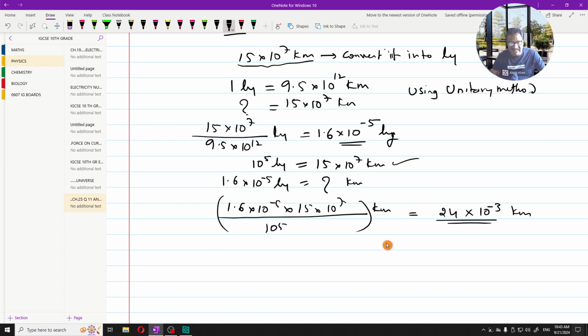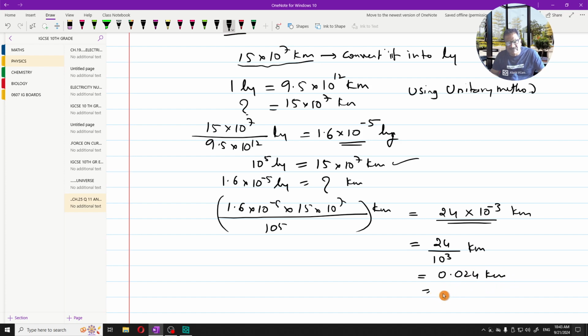But then he has told you the answer should be in meters. Okay, the answer for the C has to be in meters. The distance between the earth and sun should be in meters. So this 24 into 10 raised to minus 3, I can write 24 upon 10 raised to 3 kilometer, which can be written as 0.024 kilometers, right? And in meters, if you want the answer, you will multiply by 10 raised to 3.